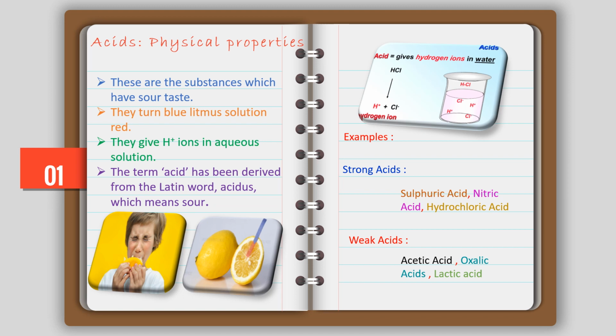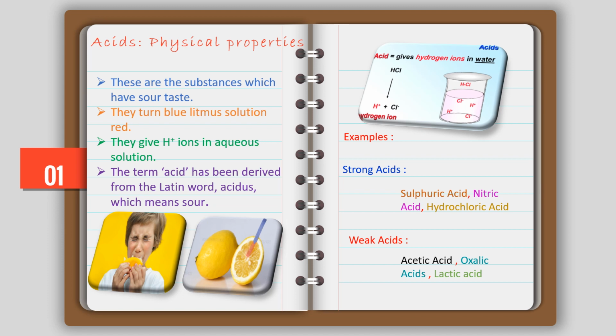Similarly, in the next picture you can see that blue litmus paper turns red when it is placed on lemon juice. So acids turn blue litmus to red.